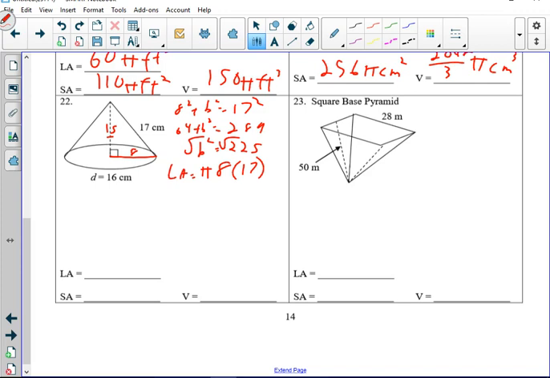So 17 times 8 is 136 pi square centimeters. Surface area is going to be that plus the area of the base. Area of the base is pi r squared. So 8 times 8 is 64 pi. And there's only one of them, so 64 plus 136 is 200 pi square centimeters.